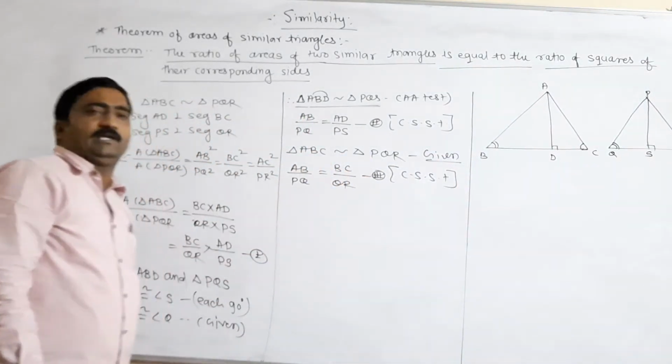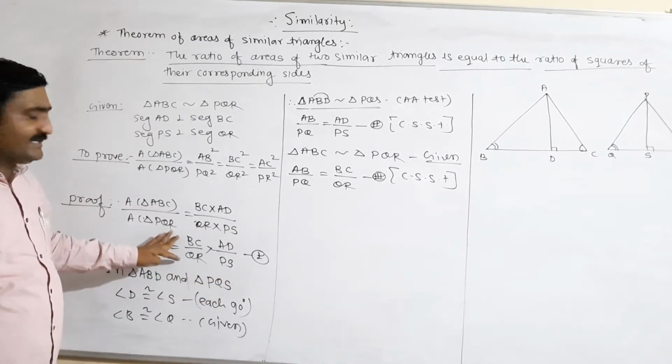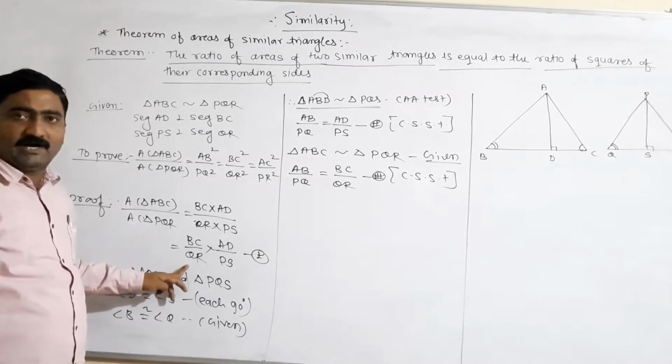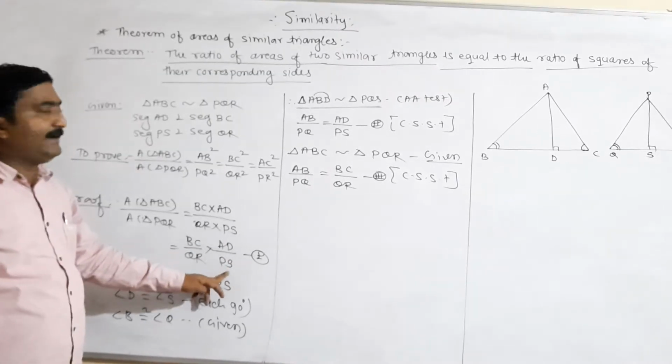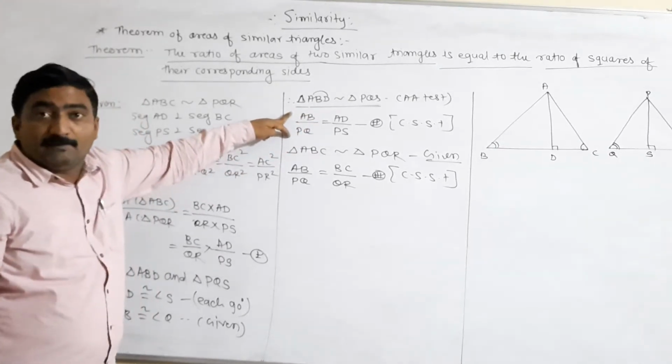So observe equations first, second and third. In equation first, BC divided by QR into AD divided by PS. But AD divided by PS is equal to AB divided by PQ, and AB divided by PQ is equal to BC divided by QR.